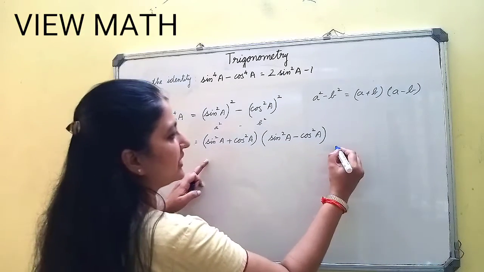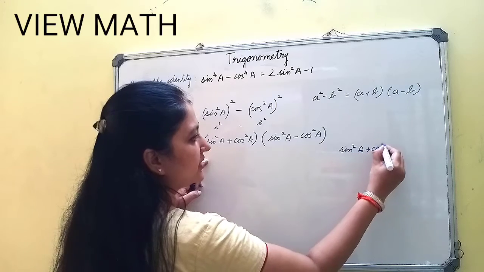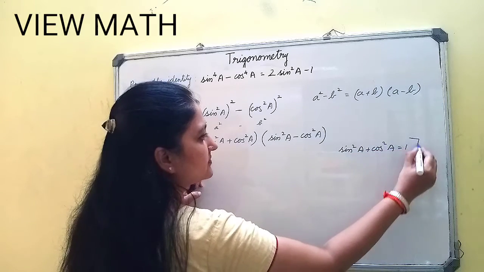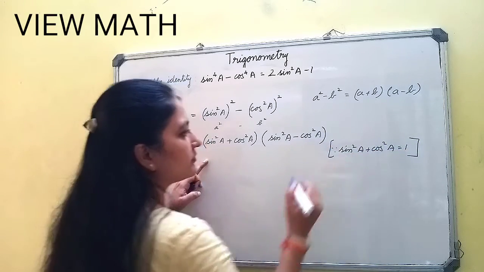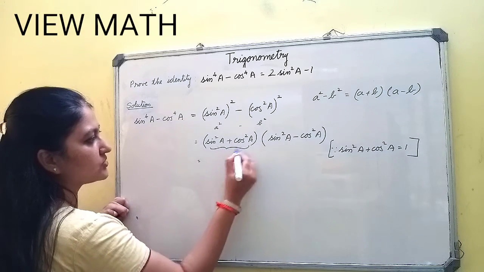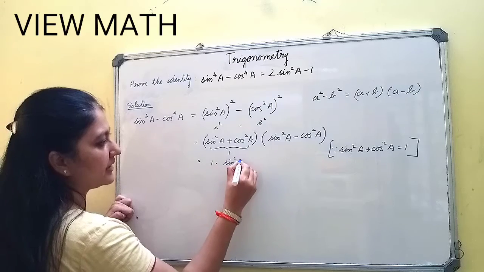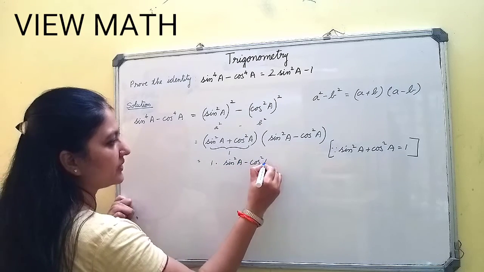Now you know that sin square A plus cos square A is equal to 1. This you know, so I am going to use it here. So this is equal to 1 into (sin square A minus cos square A).